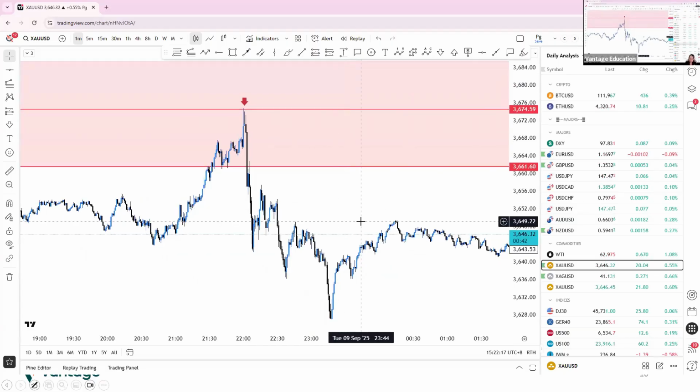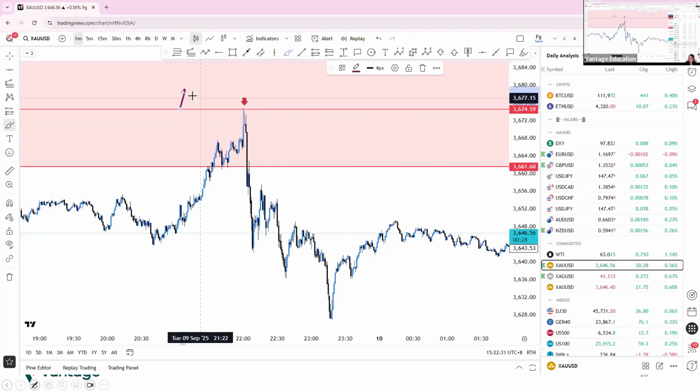I always say that because a lot of you guys, whoever follows my live trading, ask me, so where is the stop loss, where is the take profit? I don't have a fixed stop loss for you guys because let's say I have 10 lots from 3674.